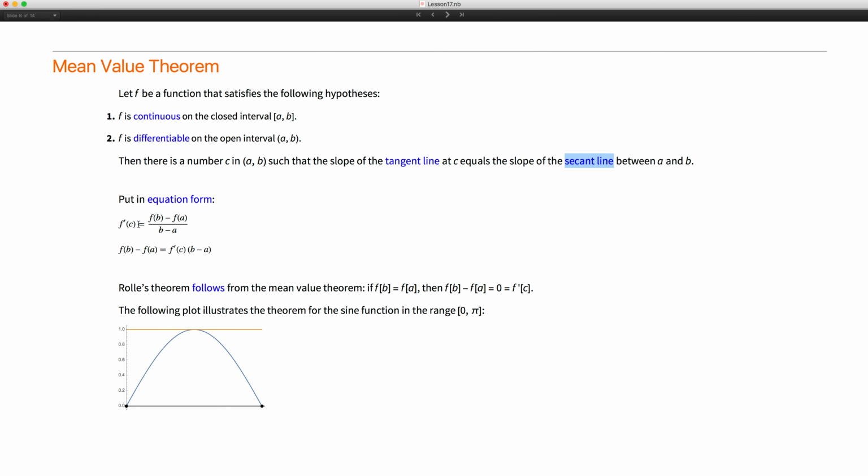So more formally, f prime of c is equal to f of b minus f of a over b minus a, and sometimes it's easier to cross multiply and get the same equation in a slightly different form like it's written over here.